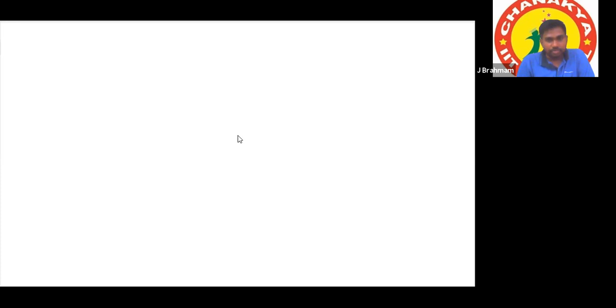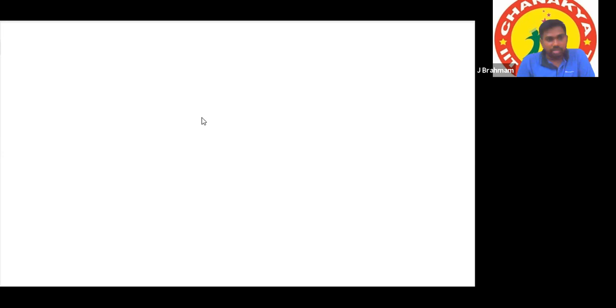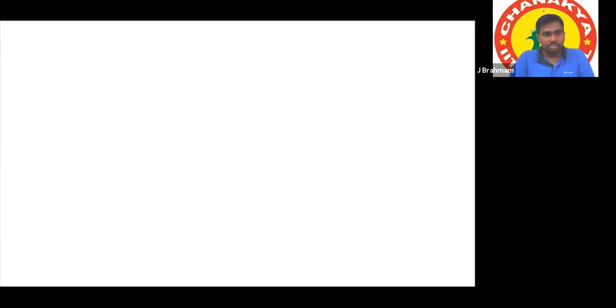Person facing south, right hand shows west. Very good. North opposite is south, south opposite is north, east opposite is west, and west opposite is east.